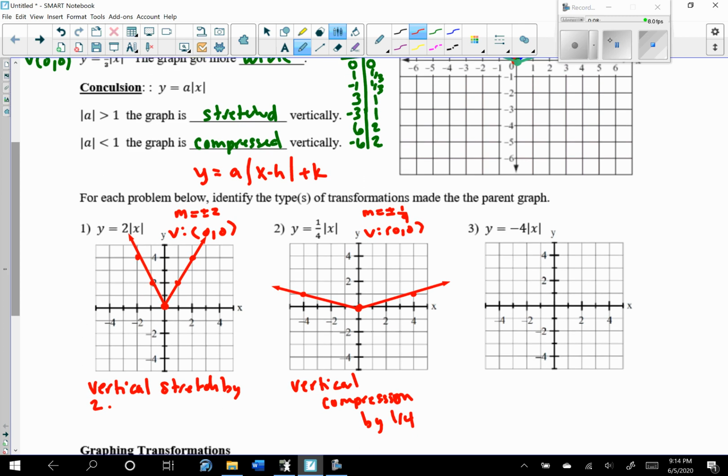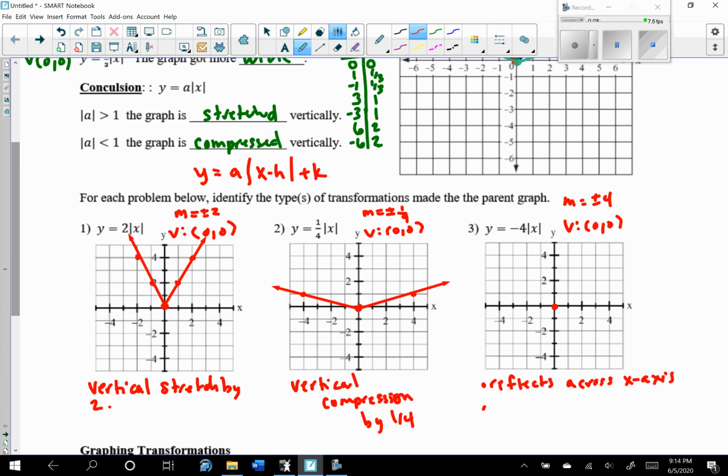For this one, the slope of this equation we're still using is an m value equal to plus or minus 4. The vertex is still at 0 comma 0. But because of the negative here, remember it reflects across the x-axis.